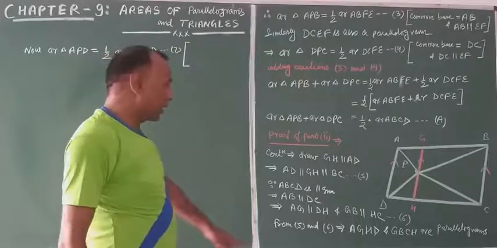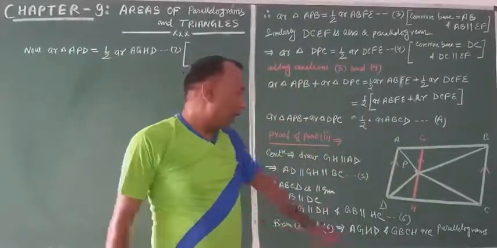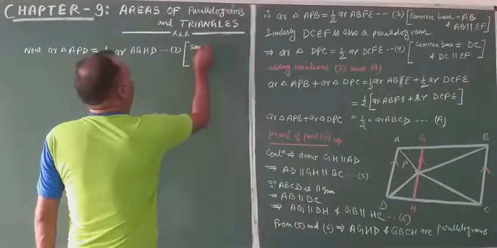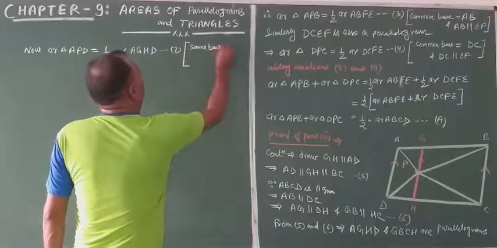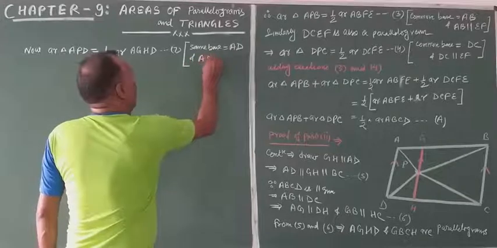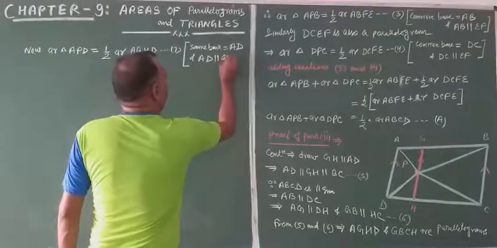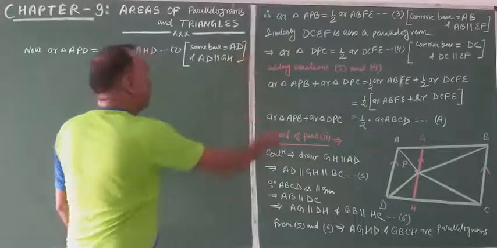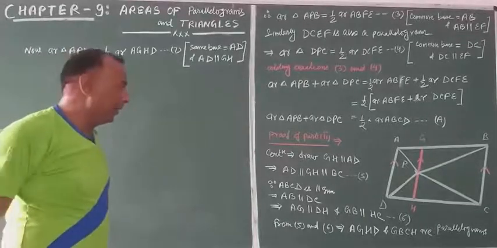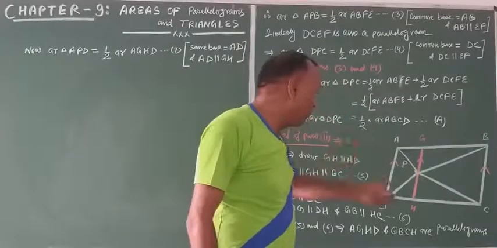Because this triangle APD and the parallelogram AGHD are on the same base AD, because they have the common base. Which one? AD. And the parallels are AD parallel GH. So that's the reason the area of APD will be half of the area of AGHD.